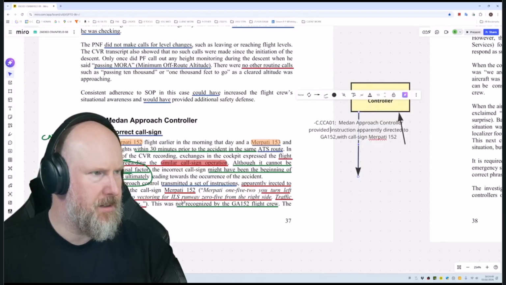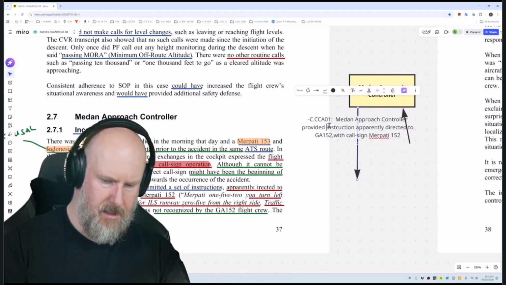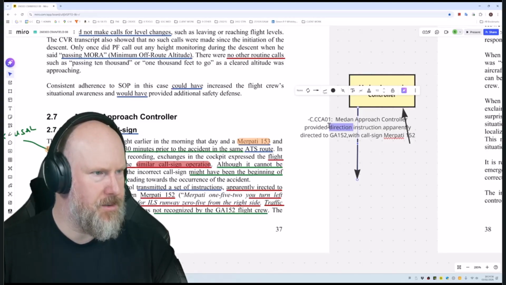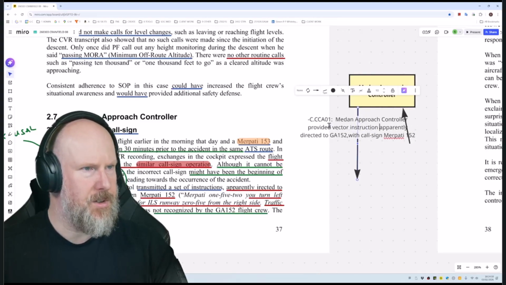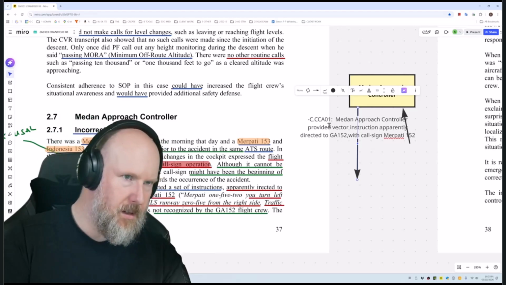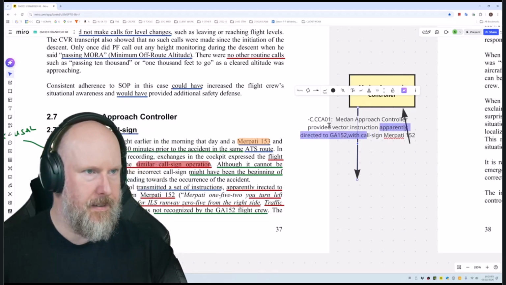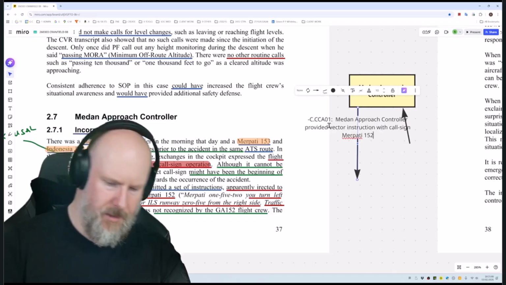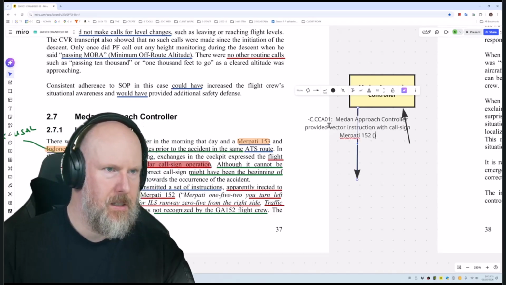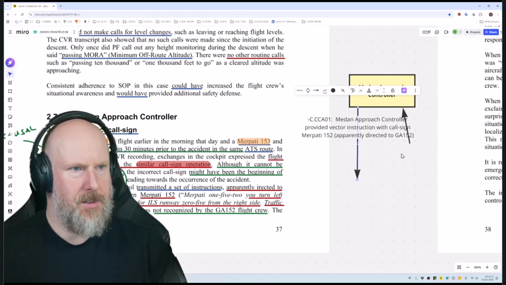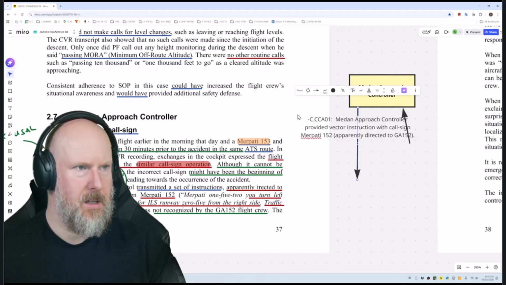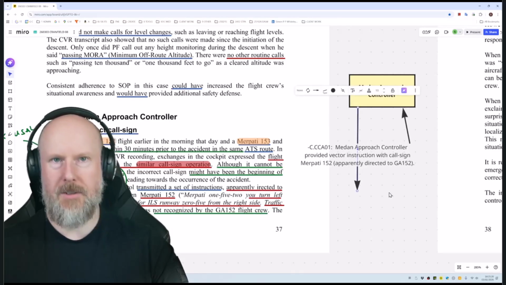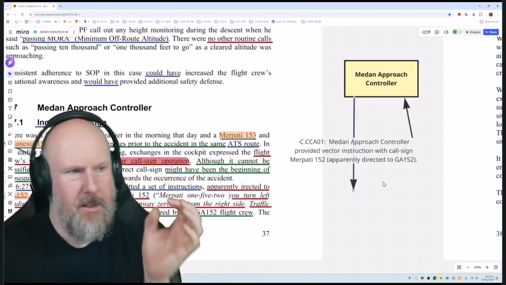Turn left, vectoring, okay, provided direction instruction, or is it vector instruction? Vector instruction with call sign 152, apparently directed to GA152.